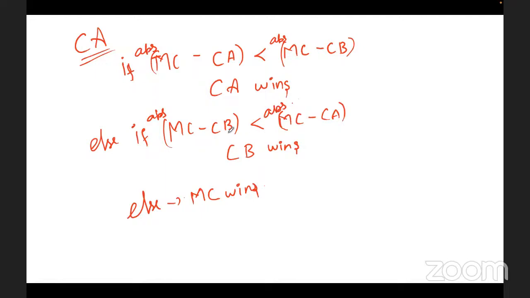Okay. So how to take the absolute, sir? So we can take the absolute values in multiple ways, like either by using multiply with -1, or else we can use the absolute inbuilt method. Okay. So absolute difference of these numbers. Clear?